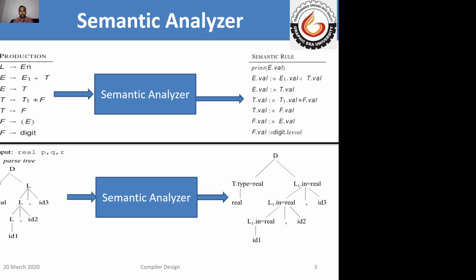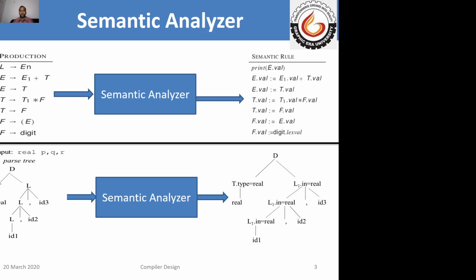D generates T. So T dot type equals real, which means T is a variable whose type will be real. This is the attribute associated with T, and T is generating real also. On the right hand side, D is generating T as well as L. So L dot in equals real, and L is again generating L1 dot in equals real comma identifier.